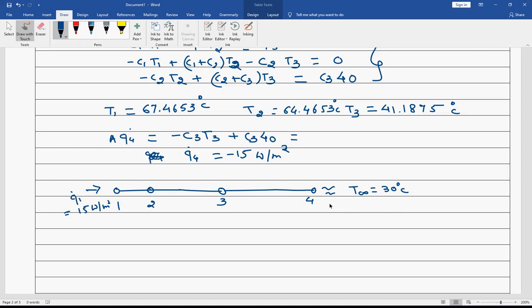And the overall heat transfer coefficient does exist here. So let me check the value of the overall heat transfer coefficient. It is 15 watts per meter square per degree Celsius.